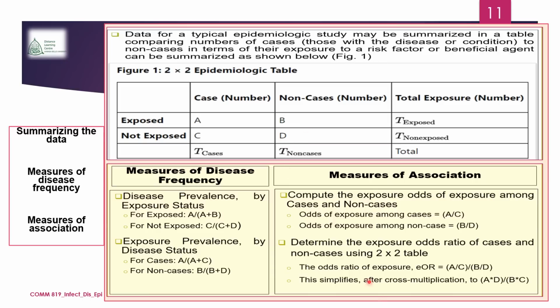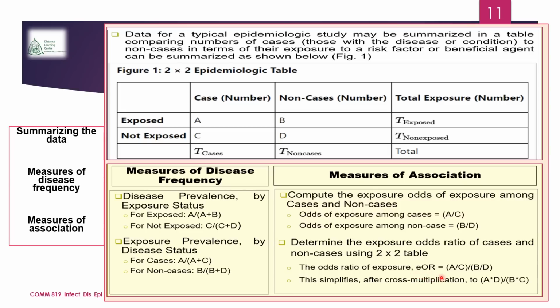Once you have calculated the odds of exposure, you now determine the exposure odds ratio, the odds ratio of cases and non-cases. The odds ratio of exposure is usually written as EOR. E stands for exposure, O for odds and R for ratio.